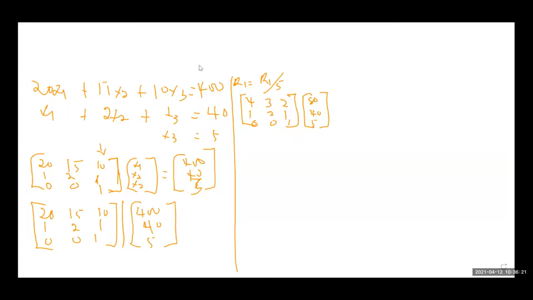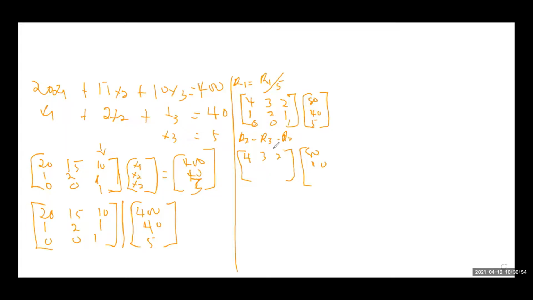Row 2 minus row 3. Is that it? We are working on which row? Row 2. So row 1 is still the same, 4, 3, 2, 80, and sorry, this will not be 40.